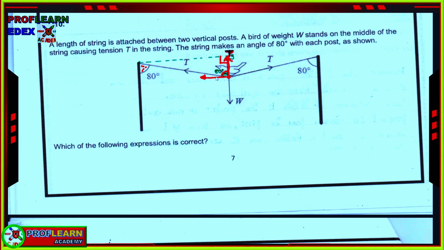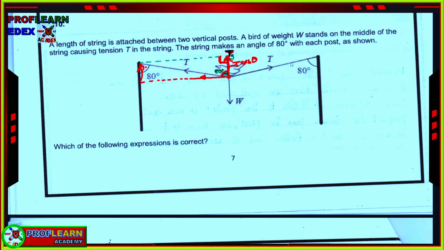Even if you just draw it like that, the vertical component will be this one here. So it will be T cos theta. If this is 90, this is adjacent, so you are using cosine. So T cos theta will be this part.